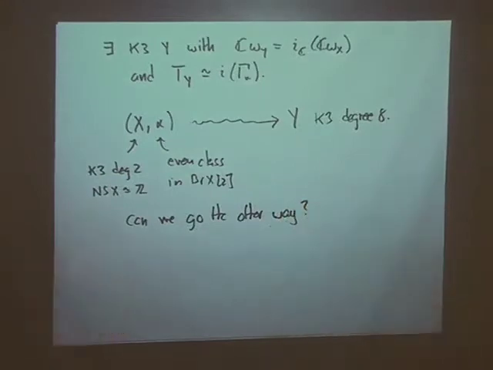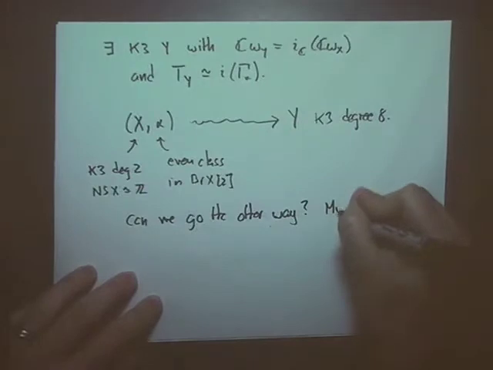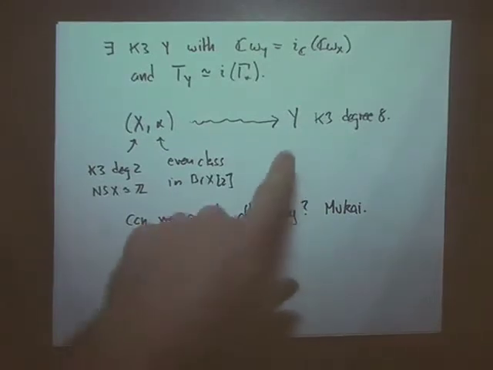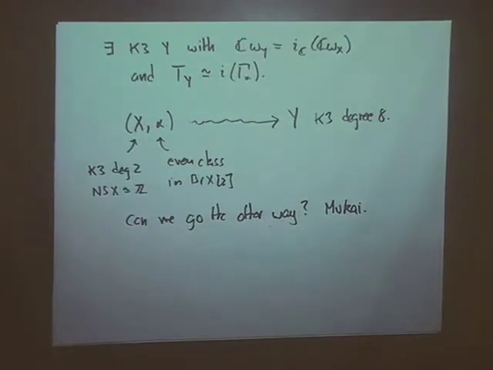So it's a mystery. The answer is yes, no, maybe. The answer is Mukai. So Mukai, in the early 80s, gave us a way of going back, which is now sort of really nice, simple geometric interpretations that I'll tell you about later. But I will just say this because it's just a parenthetical remark.